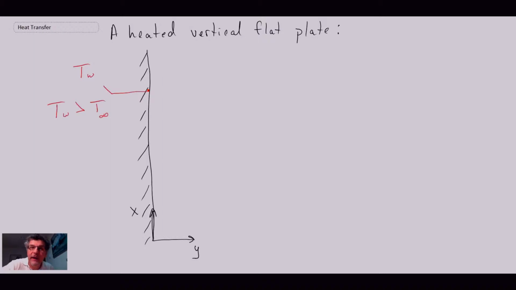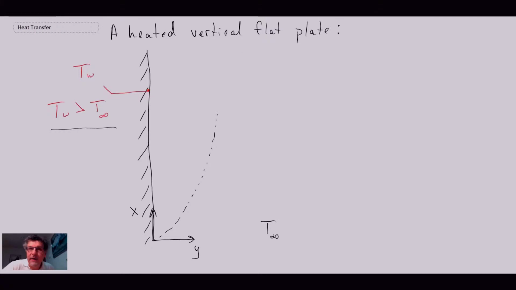X is going in the vertical direction, Y is normal to the wall. And the wall temperature, we're assuming that it is hotter or warmer than the ambient fluid which is out here. But what happens as we move upward along that plate, we do get a boundary layer forming, and you could see that in the barbecue video, the one where we have the heated vertical plate.